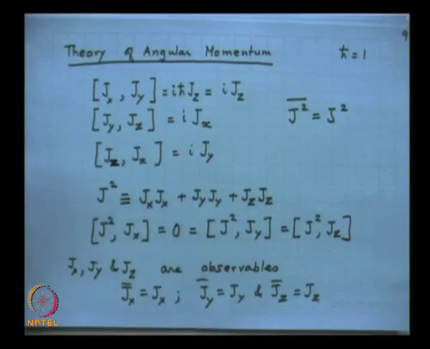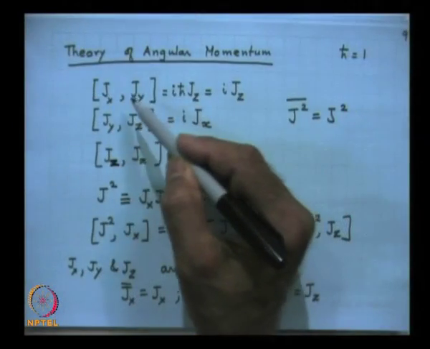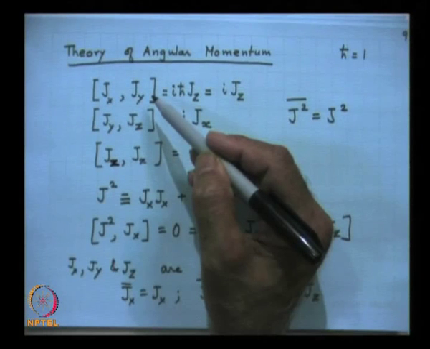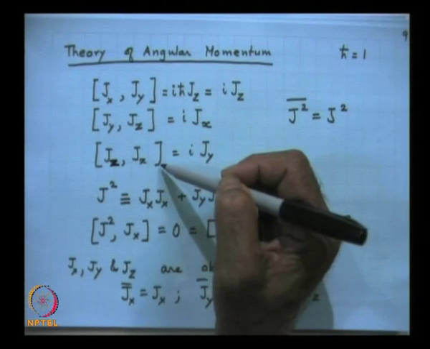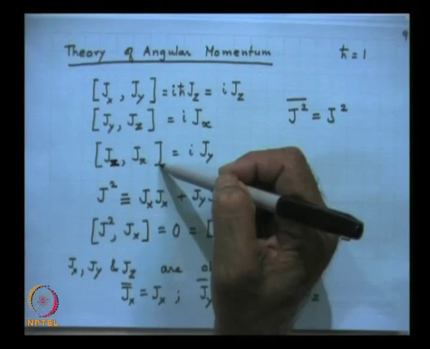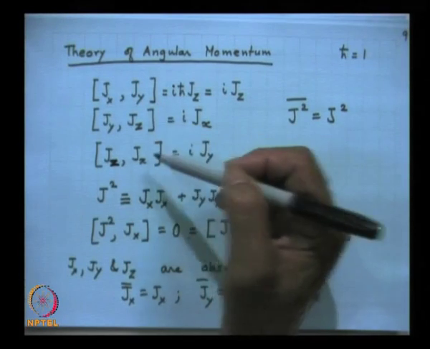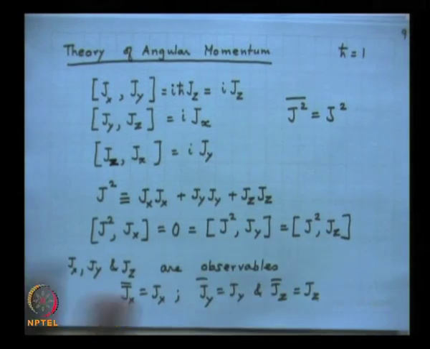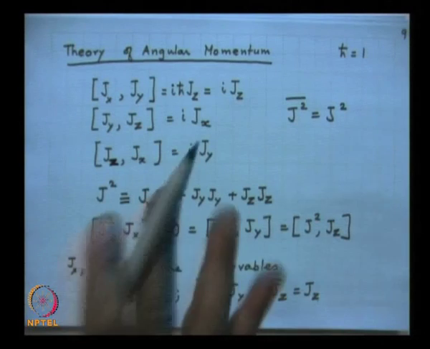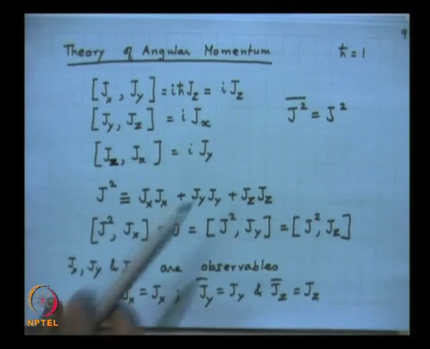Three things. We therefore assume first that J x and J y do not commute, and these are the commutation relations. We have got it in a certain way, but now this is our assumption. This is what we did even in the harmonic oscillator problem.